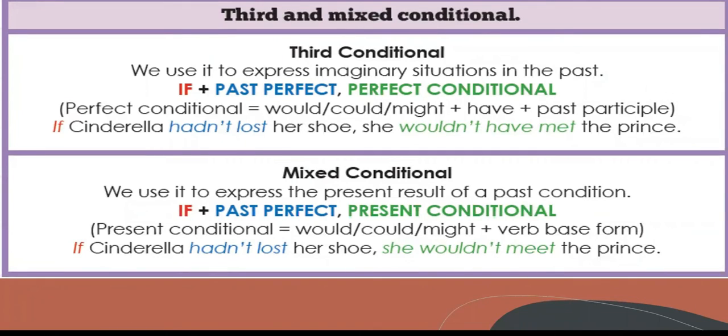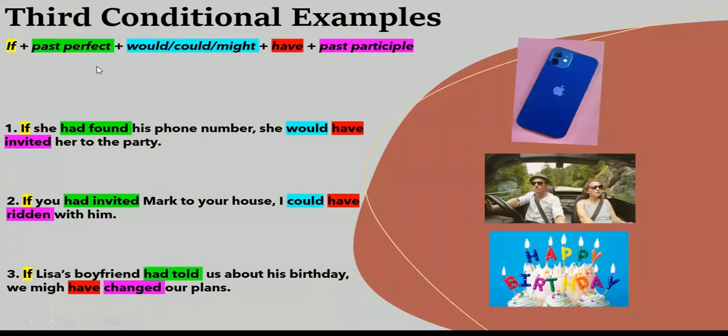And we're going to look closely at the grammar structures. Look, we have third conditional examples, okay? But first of all, this is the structure. We start with if, then we use past perfect. Remember that past perfect is, let me write it over here so you won't forget, had plus the verb in past.